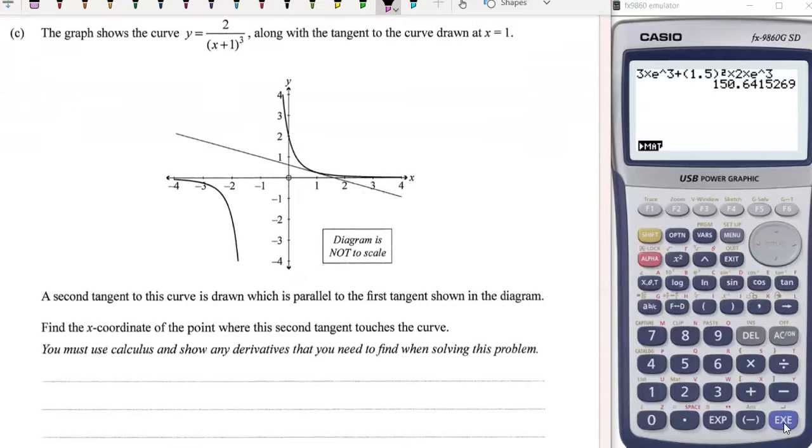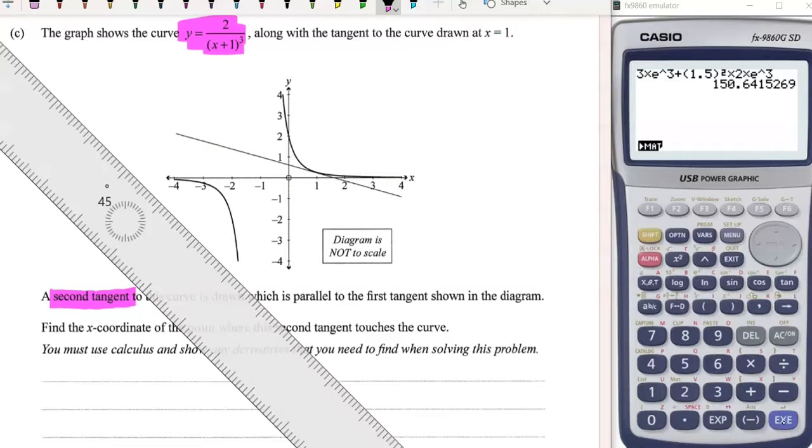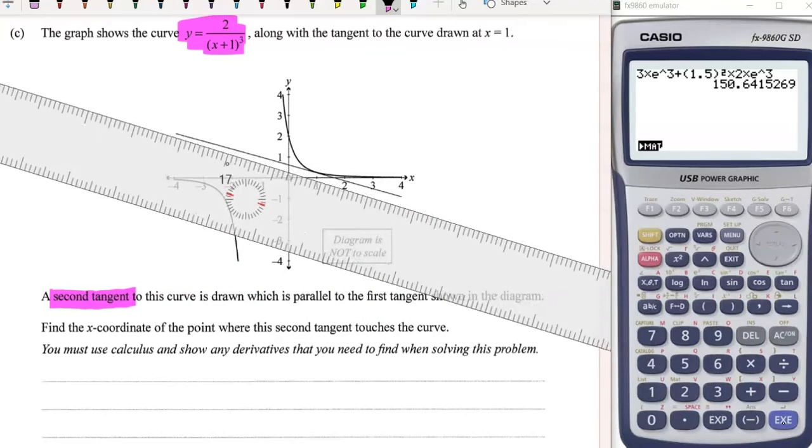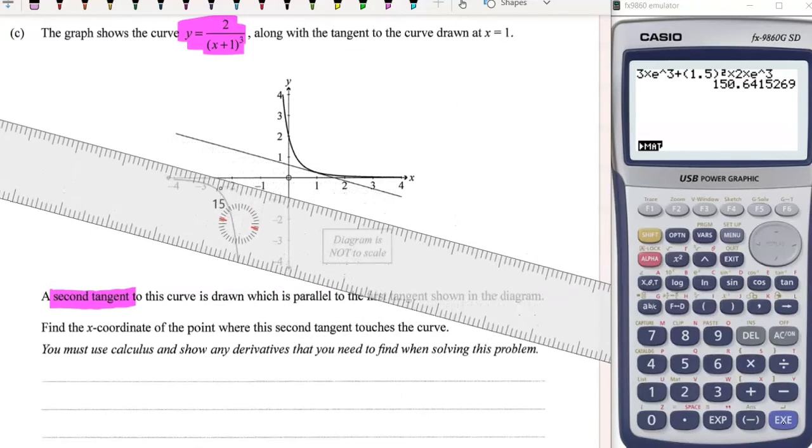For part C, we are given this diagram with the equation for the curve is 2 over x plus 1 to the power of 3. We know that the second tangent to this curve is drawn that's parallel to this first one here. So let's think about where that would go. Grab your ruler and you can sort of get it so that it's parallel to this one, roughly speaking, doesn't have to be perfect.